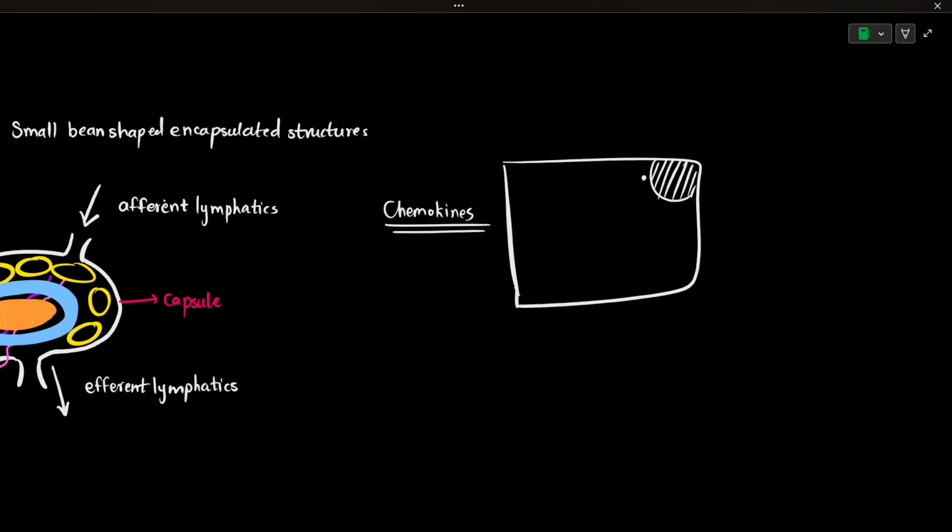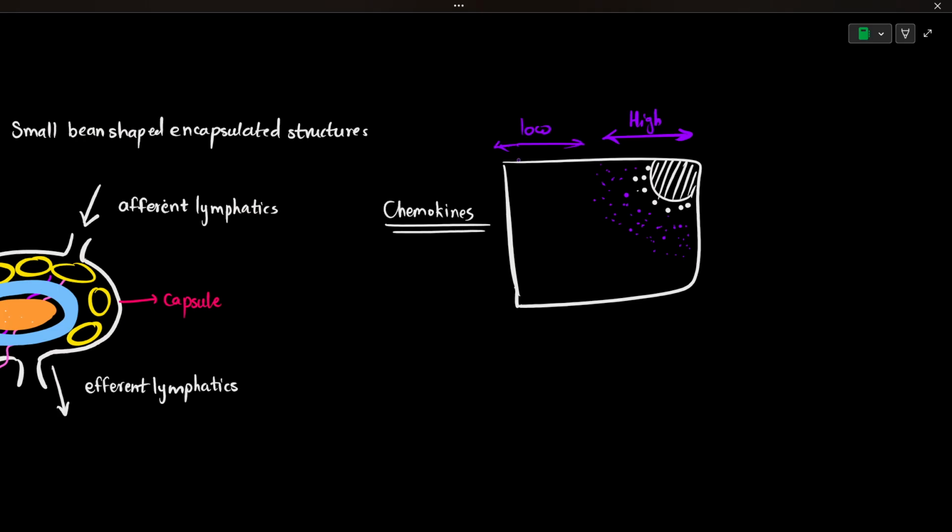The immune cells present in this part are going to secrete chemokines, and that is why a gradient of chemokines will be seen. Here there will be higher chemokine, and here we will see a low concentration.